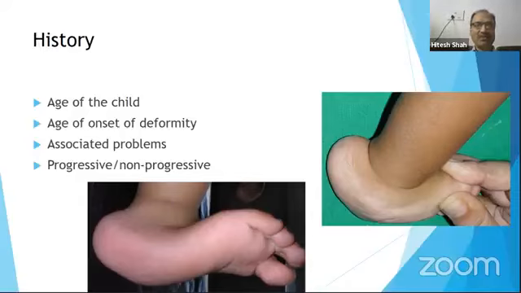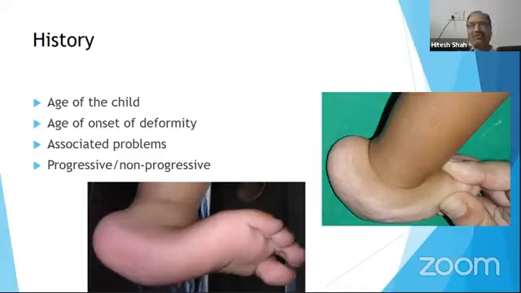We are mostly focusing today on children. Common congenital foot deformities are congenital talipes equinovarus, congenital rocker bottom foot, or congenital vertical talus, which may be associated with multiple congenital problems, so you need to ask about that.